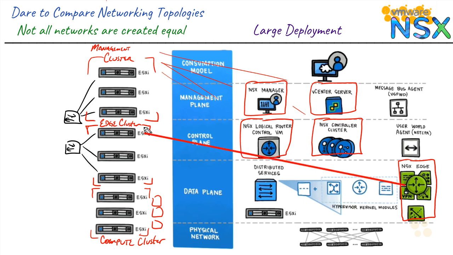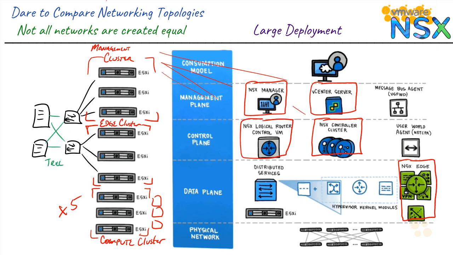So those edge routers and firewalls and load balancers and VPN connectors are going to actually be in their own separate cluster, once again with a need to better manage those resources. And we may even scale this out so that there are multiple compute clusters depending on the types of resources and the locations where those need to be. So we could have 2 or 3 or 5 compute clusters as needed, all given access to the NSX resources through the management cluster and supported in terms of edge capabilities by the edge cluster.